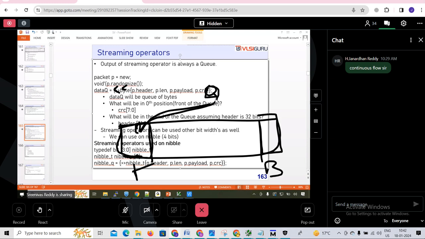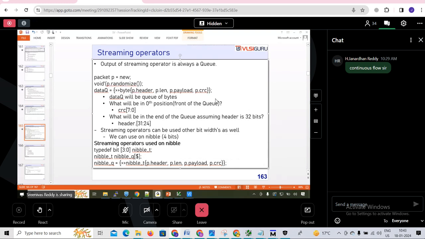The header's most significant bits. Again, let's understand. Because you are shifting in the left direction, what will be streamed out first? This will be streamed out first, so it will come here first. Then you may say it should be the first one, right? That's not how it is.